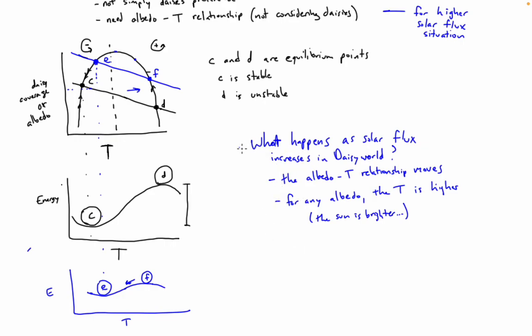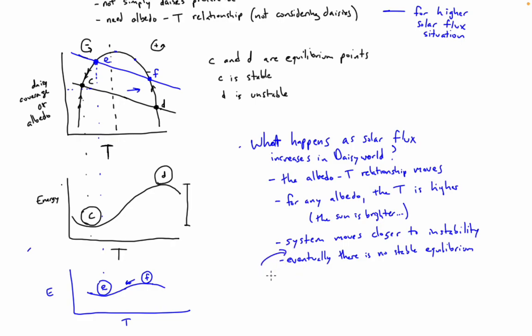Okay, so back here. We're answering this question: what happens as solar flux increases in Daisyworld? We do the blue line. So the system, bottom line, moves closer to instability. Eventually, there is no stable equilibrium.